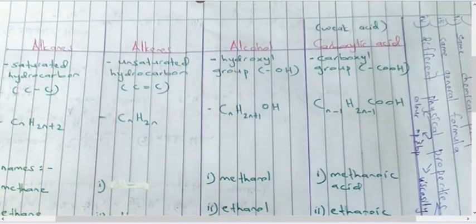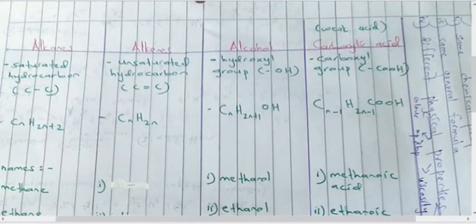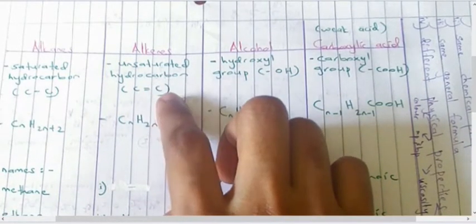For alkene, they will have C double bond C, so we call it unsaturated hydrocarbon. As long as you have C double bond C, we call it unsaturated hydrocarbon. Alcohol will have the OH group or hydroxyl group, and carboxylic acid will have the carboxyl group, or COOH.